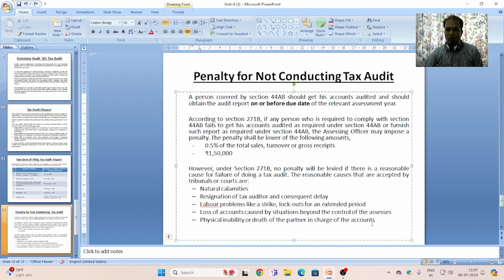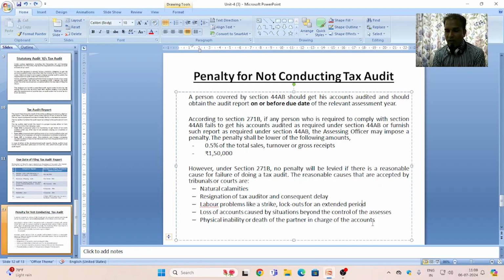Next point is loss of accounts caused by situations beyond the control of the SSC. In this case, we can say that accounts have been lost, or there are incomplete accounts. A situation has occurred with the SSC that loss of accounts has been incurred, but the reason behind this is beyond the control of the SSC.